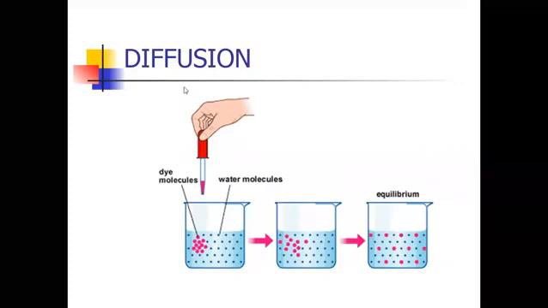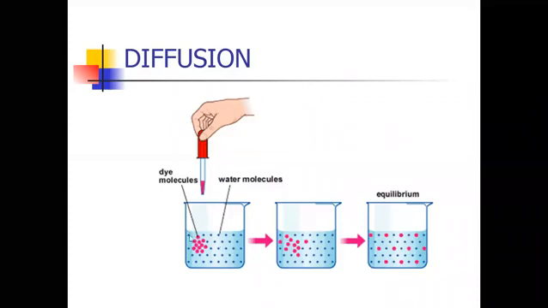What is explained in this experiment? High concentration of dye molecules can easily move to low concentration. Low concentration means that in the water, dye molecules are absent at the beginning.